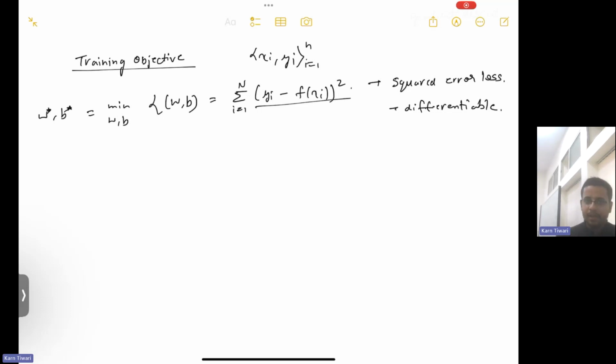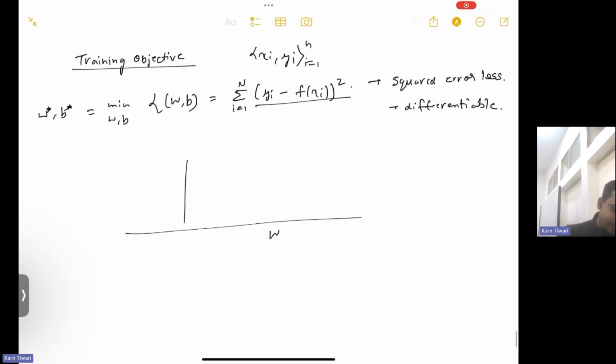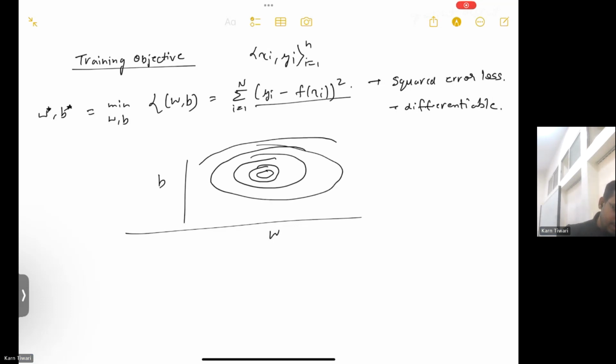Think of the loss curvature, as you might have seen in the lecture series. It can be assumed like this: we have w and b, and I am plotting its contour plot. Suppose you initialize w and b somewhere here.